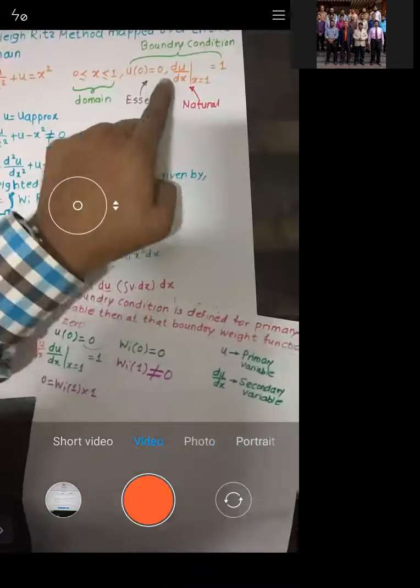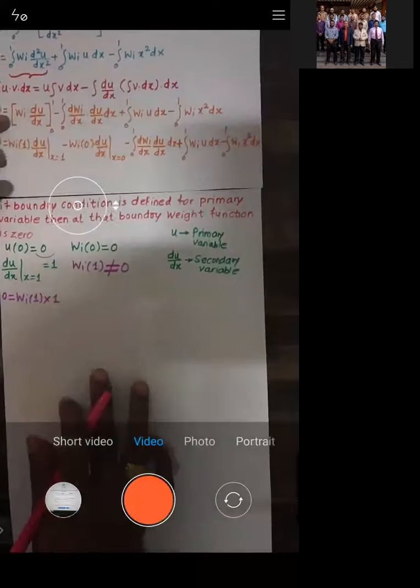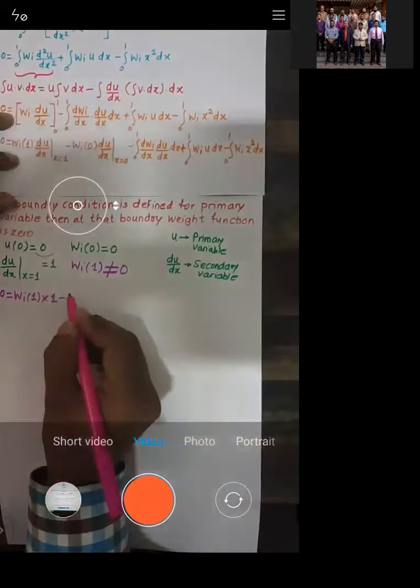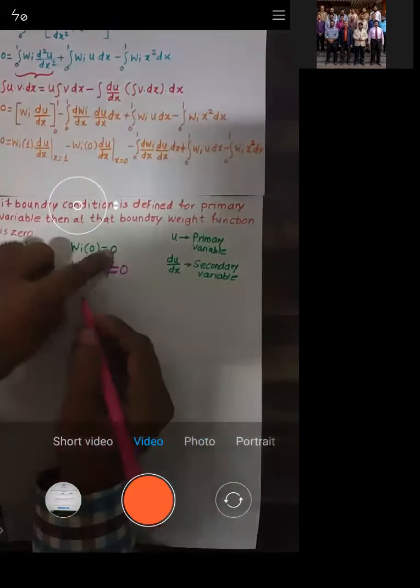Now you can see du by dx when x is equal to 1 is 1. So that is the thing which I put. Now let us see this one. Minus, what is the weight function when x is 0? The weight function when x is 0 is equal to 0.